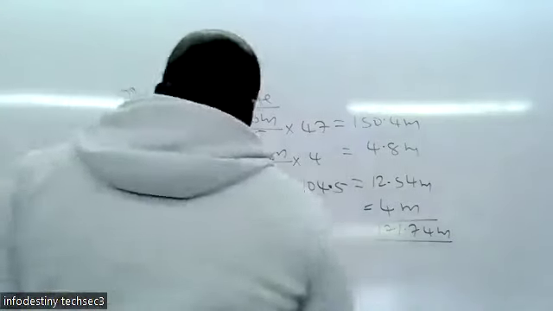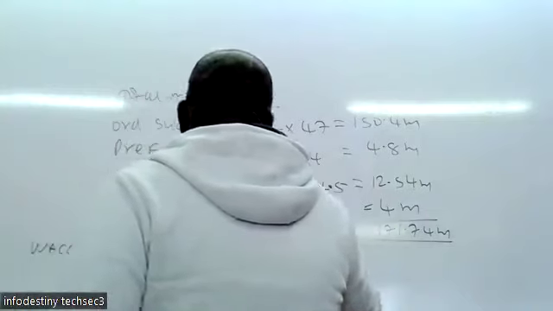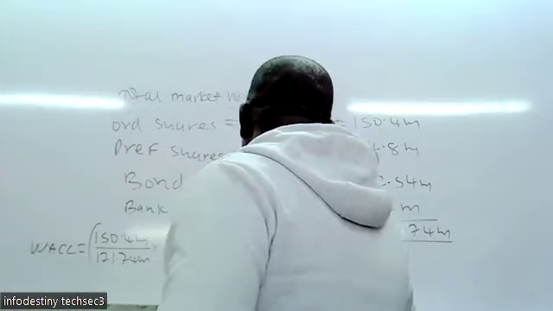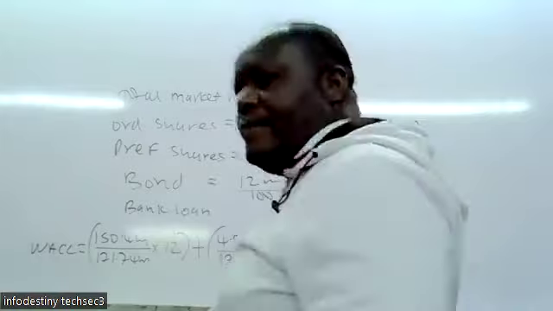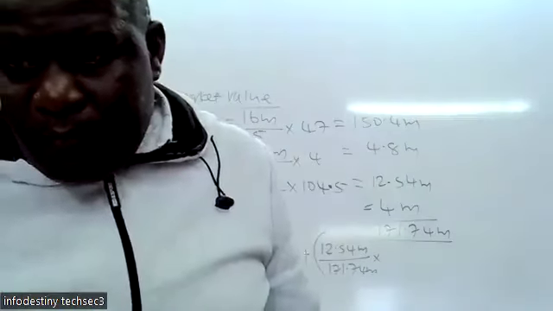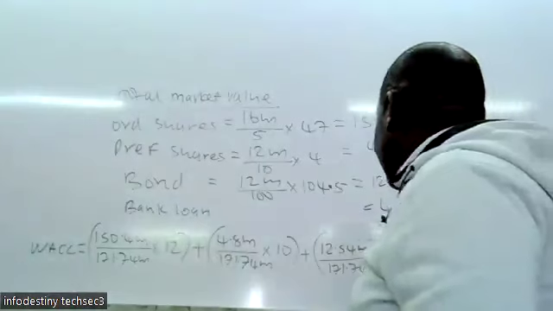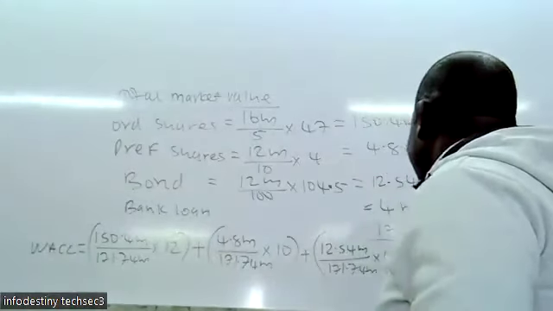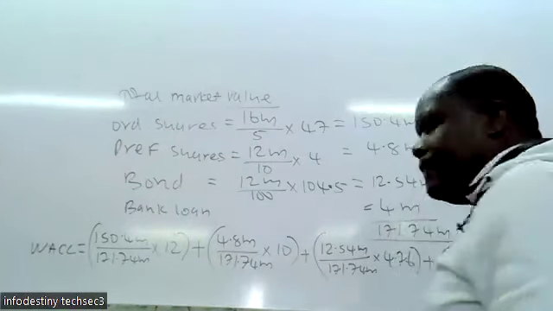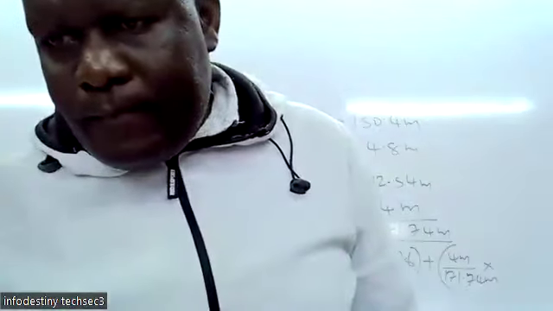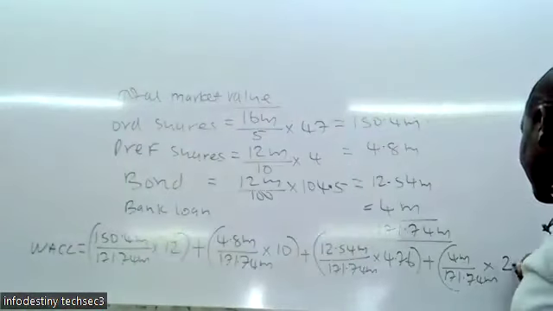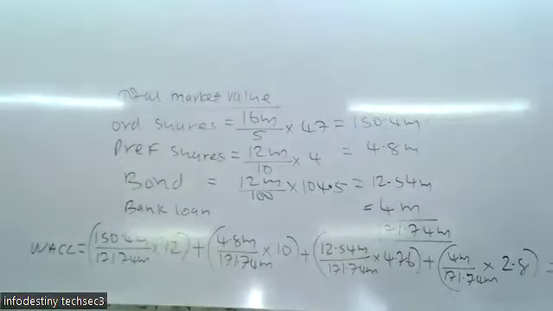So preference share, it was 10. $4.76. So this one was 2.8. So combine them and get the value.